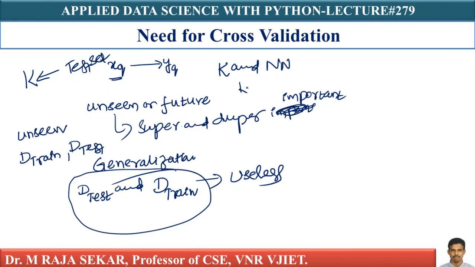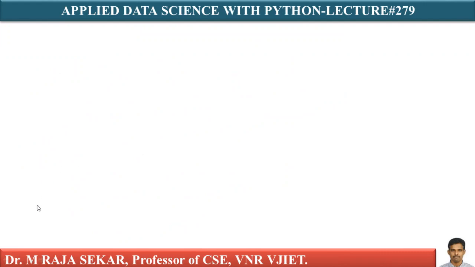That is, I can say KNN, isn't it? For computing NN, which one am I using? We used D-train, for computing nearest neighbors.